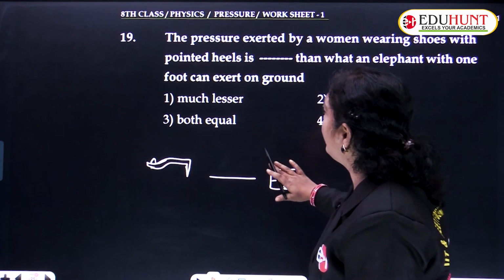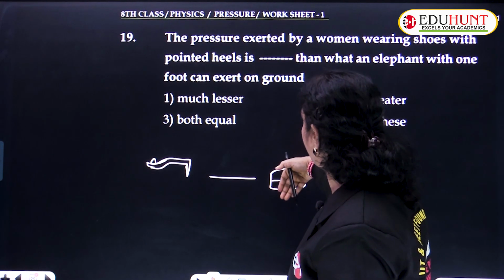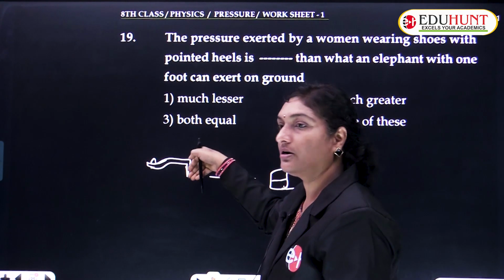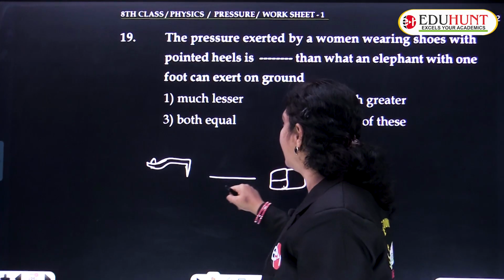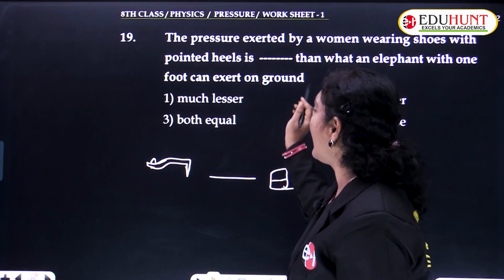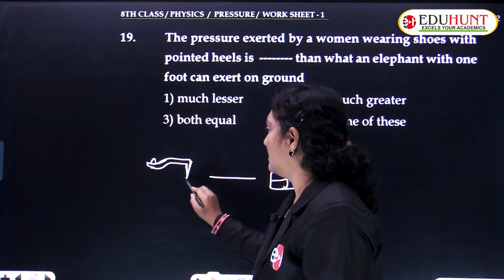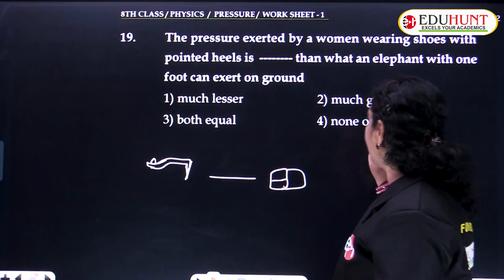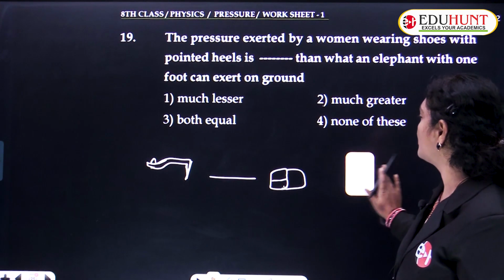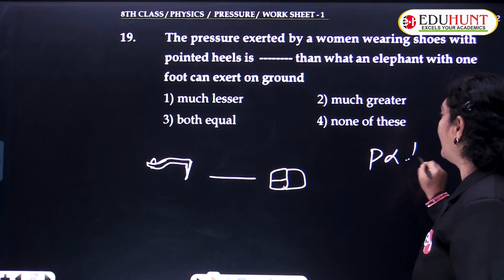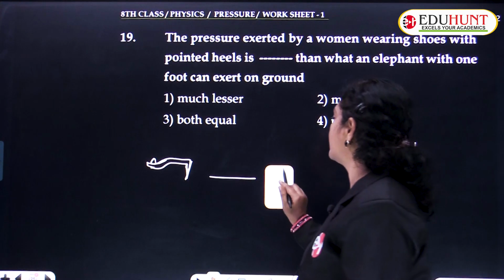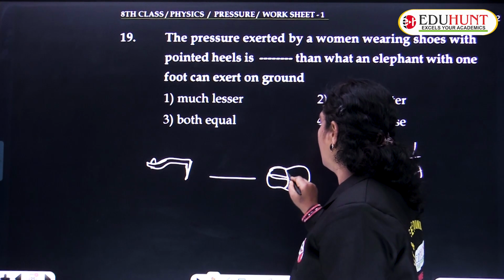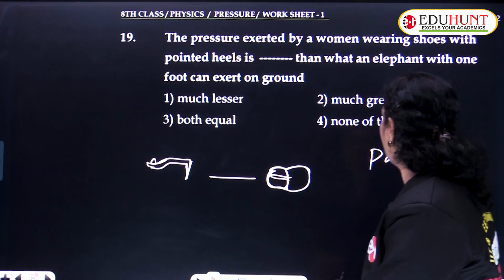So this elephant exerts some pressure on the ground. This woman also exerts some pressure on the ground with a pointed heel. So which is having a larger pressure? Lesser the area of contact, larger will be the pressure, because pressure is inversely proportional to area of cross section. Please excuse me, I'm a bad artist.